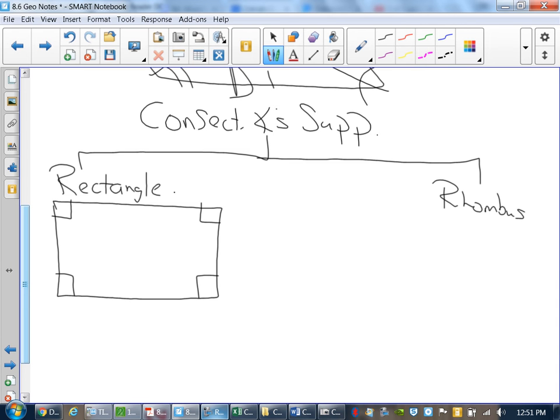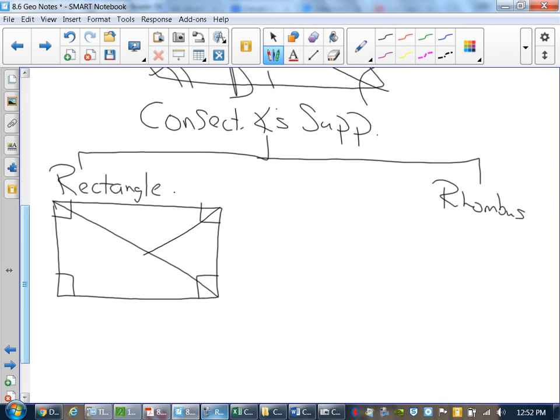What else makes a rectangle a rectangle? We know that the opposite sides and all that stuff are still congruent because it's a parallelogram, but there's one part of a rectangle that's more specific. We already have the right triangles thrown in, but how do you create the right triangles? With the diagonals.